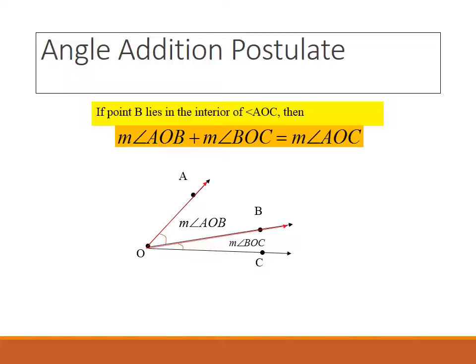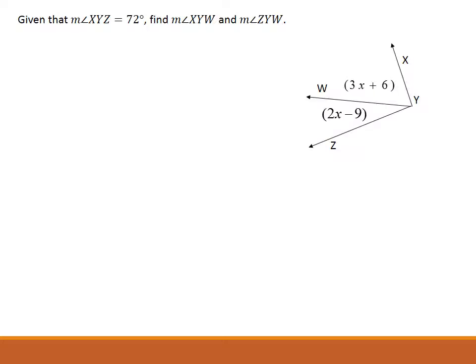Now notice when I put those two angles together, they will give me the larger angle that has O as the vertex, AOC. That's the larger angle. So angle addition postulate is just like segment, where you add two parts together to equal a whole. Notice that they must be adjacent to each other, that is, right next to each other. They have to be attached using the same ray, ray OB in this case.